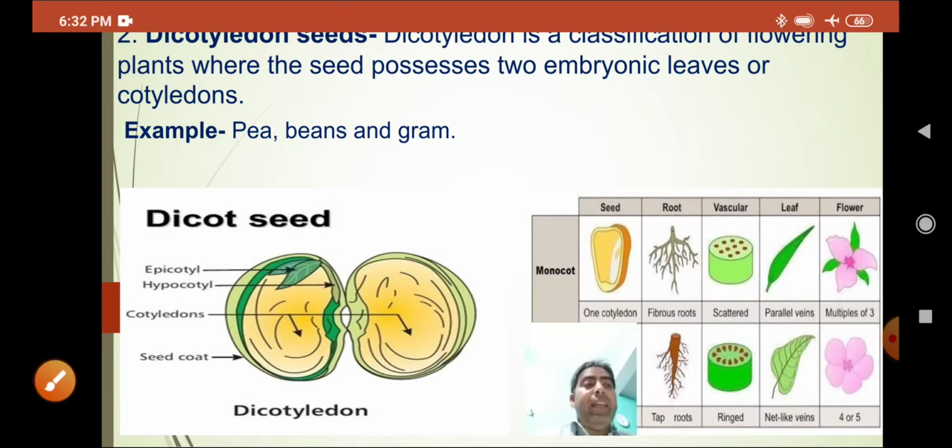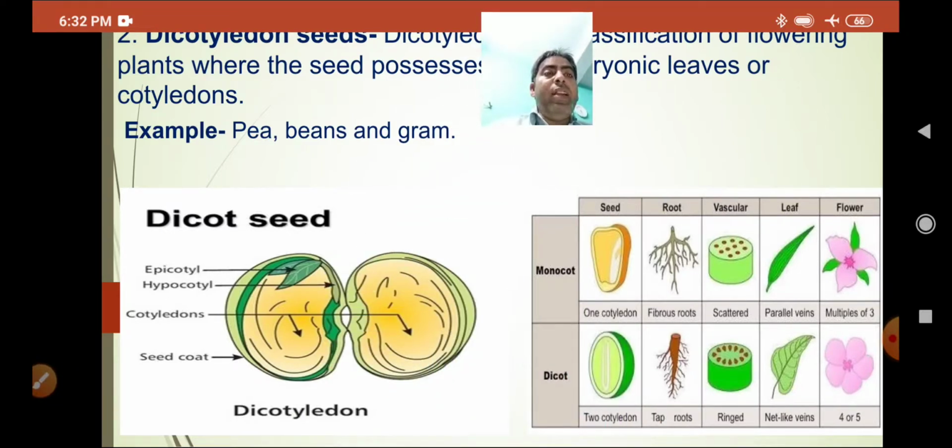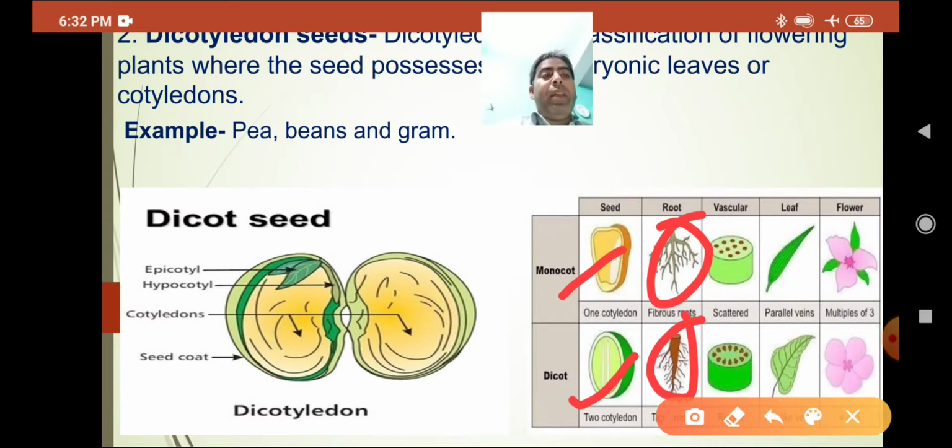Now here you can see some of the differences between the monocot and dicot. In the monocot, one cotyledon is there; in the dicot, two cotyledons are there. In the monocot the roots are fibrous; in the dicot the roots are tap roots. In the monocot the vascular bundles are scattered, and the leaf has parallel veins.